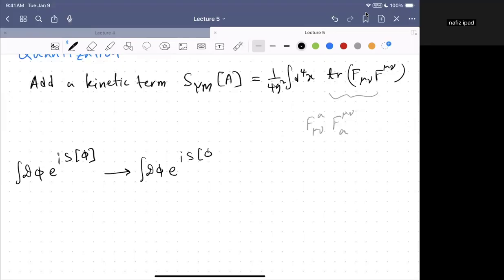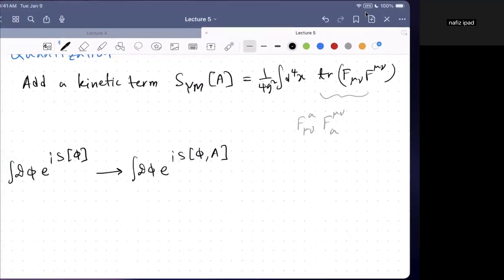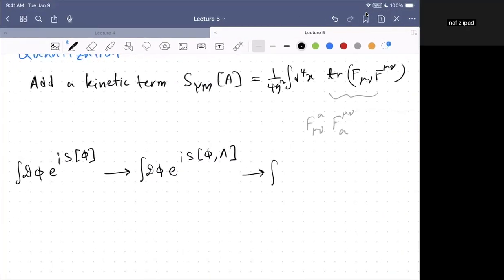So you modify the partial derivatives to covariant derivatives. So now you have an action that involves the fields that you originally had and the gauge field. And then the next step is you integrate over this gauge field after you add the Yang-Mills term.